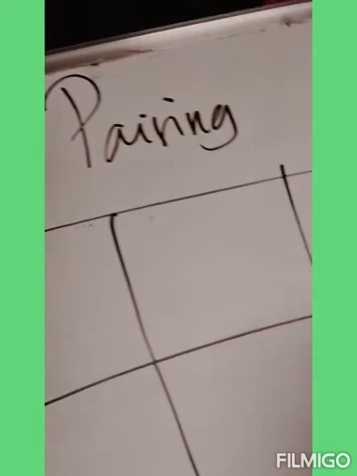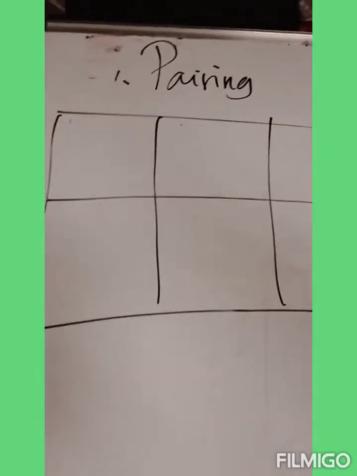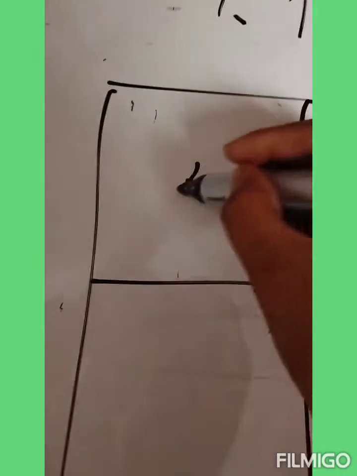Number 1 is the pairing. You have to know the pairs. This is the box, just imagine it, since this is only an illustration.